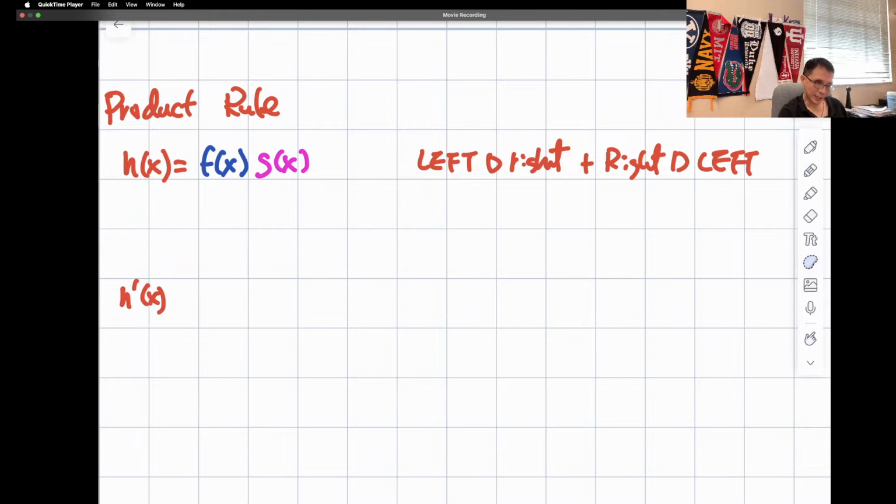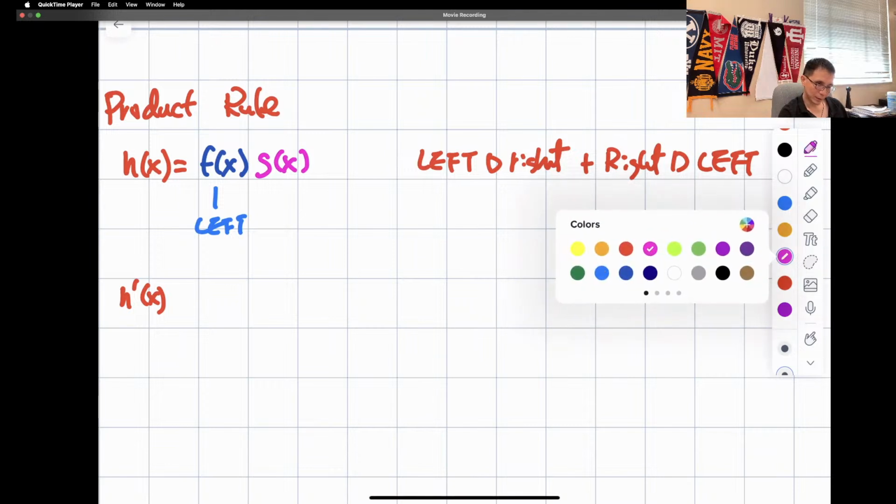Okay, so I'm going to call this function the left, and this is the function to the right.